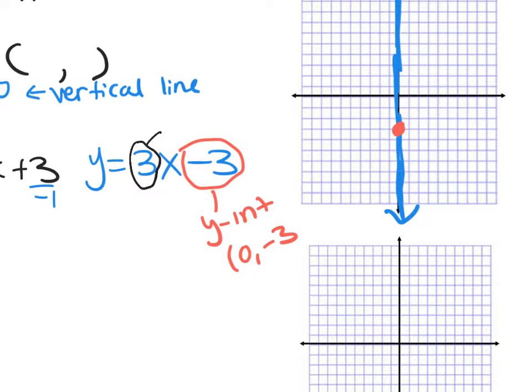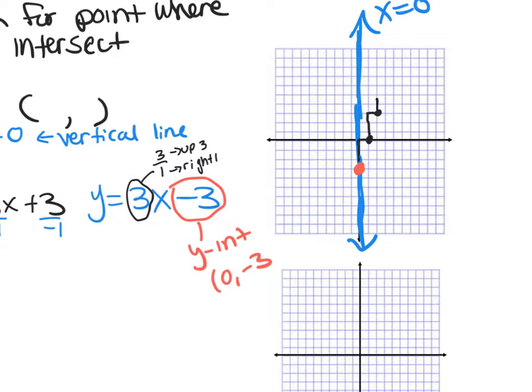It's positive 3, or 3 over 1. So we're going to go up 3 and right 1. Up 3, right 1. Up 3, right 1. We have our line.